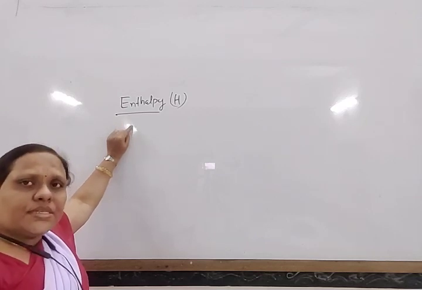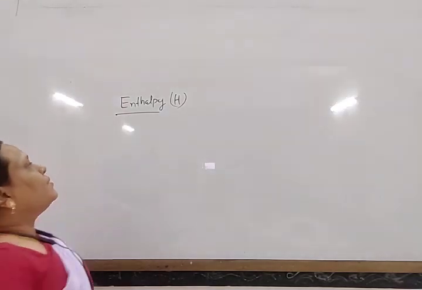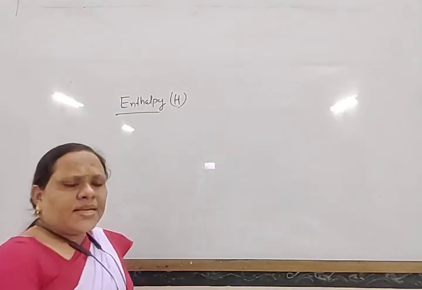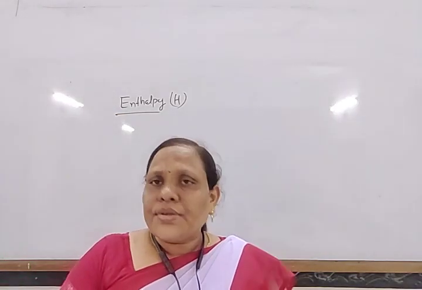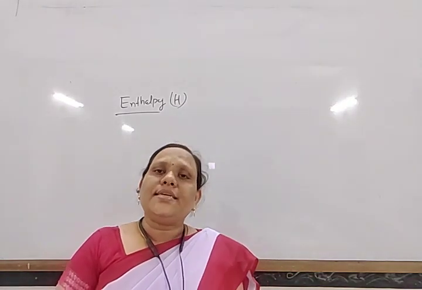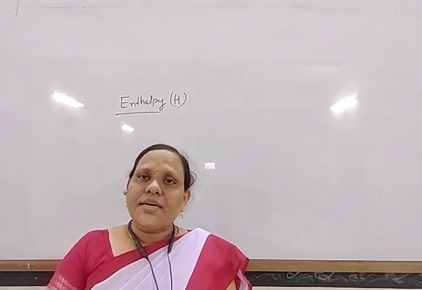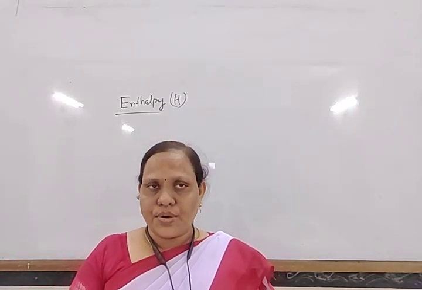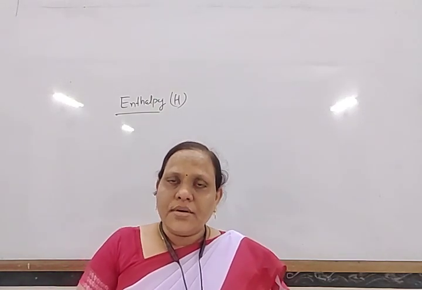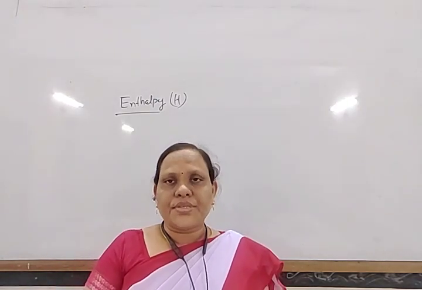So enthalpy is one energy term. So what is enthalpy? What is the internal energy? The internal energy, or the change in internal energy, is generally measured at constant temperature and constant volume.